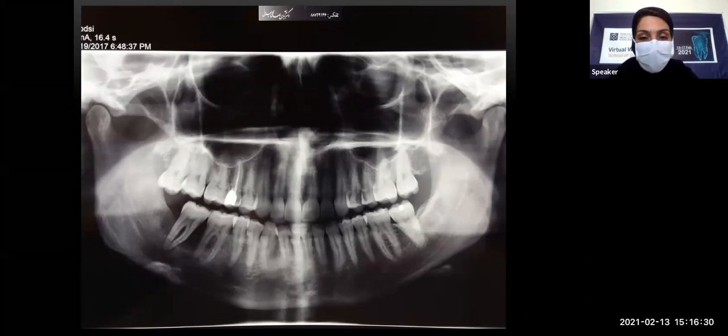In the next case, you see a panoramic view of, I think, a 29-year-old female who was referred to us by a dentist, and the tooth came out from the socket. What happened?